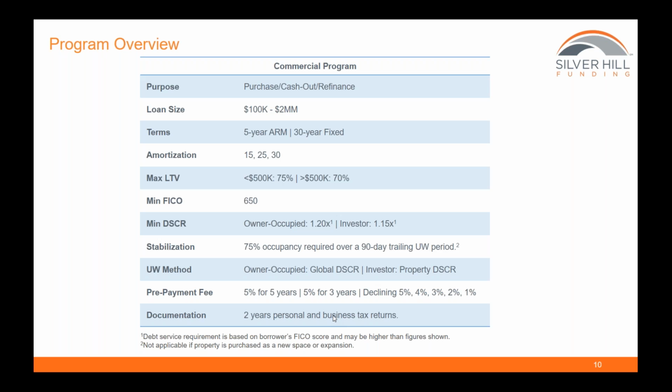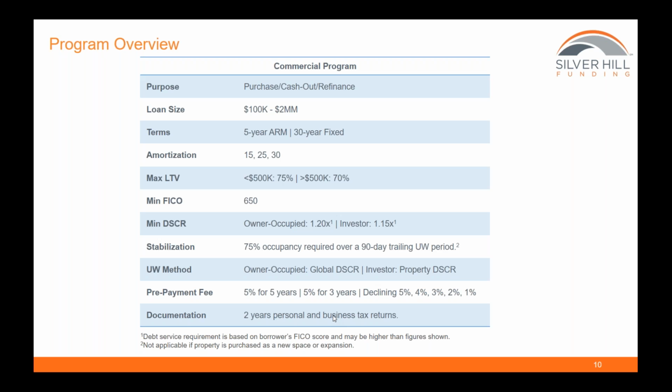And then we're going to want to see 2 years of tax returns for the business to compare trends, right? If this year looks like the last 2 years, okay. As far as the personal tax returns, we're going to require that on everything, but it's for documentation purposes. We're really not going to delve into the personal income, especially on investor deals.